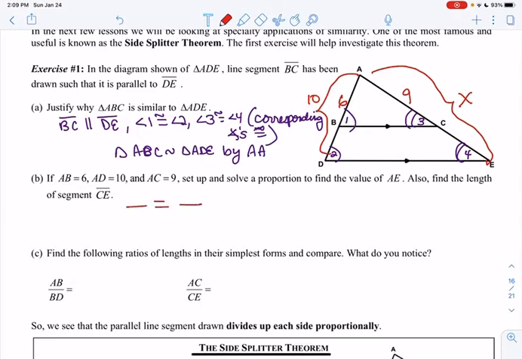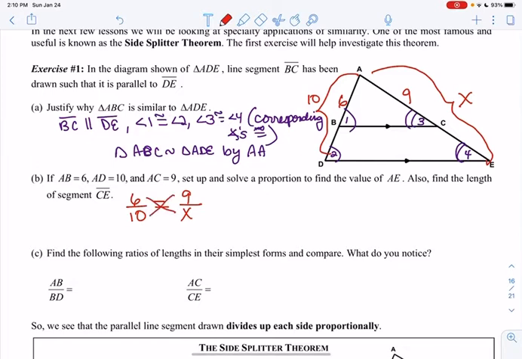So I'm going to take 6, which is the top left, and 10, which is the whole left side, and set them equal to 9, which is the top right, and then X, which is the whole right side. Because the triangles are similar, the sides are in proportion. So I set up my proportion.